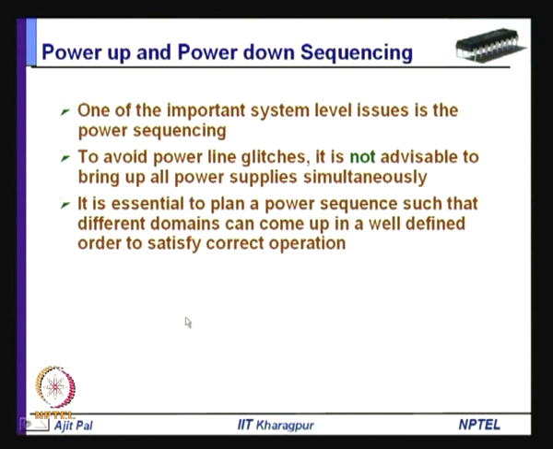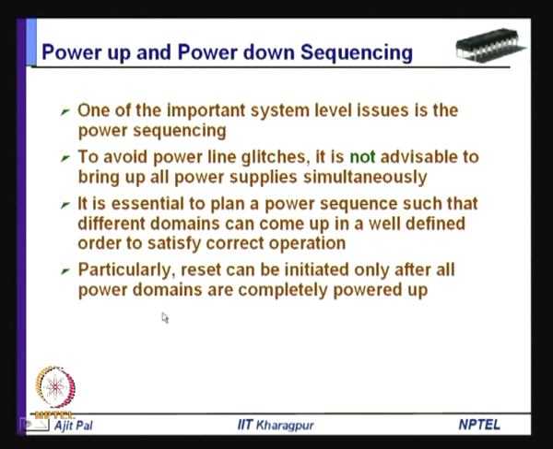To avoid those glitches, you have to plan a power sequence such that different domains come up in a well defined order to satisfy correct operation and achieve good performance.